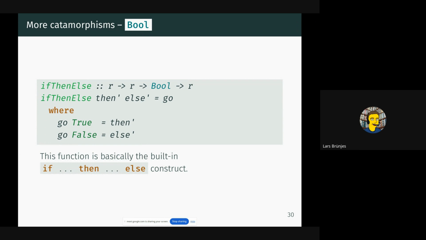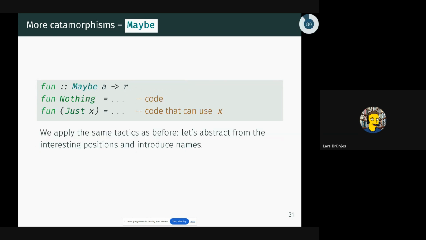And of course, if then else is very intimately connected to Booleans. Once you work with Booleans, you almost want something like if then else. So what we now saw, by way of analogy, is that lists to foldr is like bool to if then else. So this is maybe a simple example.